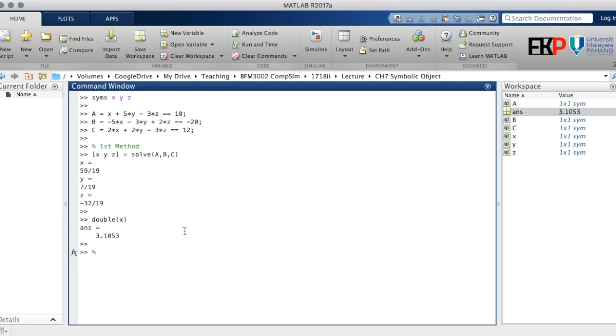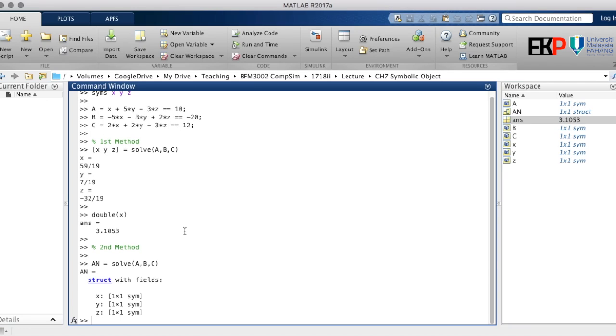The second method is we can type in, for example, ans for answer. This is our variable ans is equal to solve a, b, c. When we press enter, we see that the answer is given like this, as a structure with fields x, y, and z.